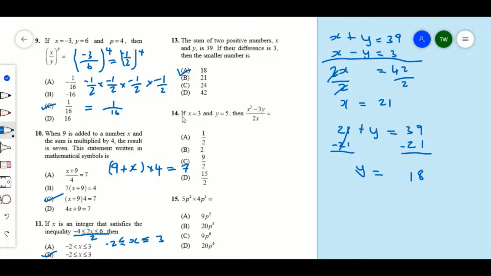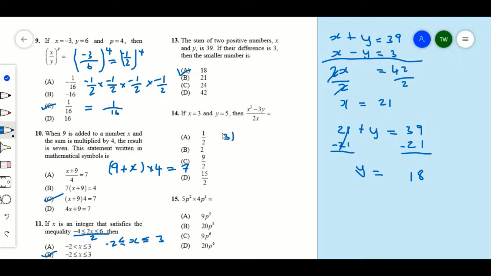Number 14, if x is equal to 3 and y is equal to 5, then x cubed minus 3y all divided by 2x is. Now what we're going to do in this expression, we're going to substitute the value of x and y in this expression. So here they give us x cubed first. So that means instead of writing x, we're going to put the value of x, which is 3.